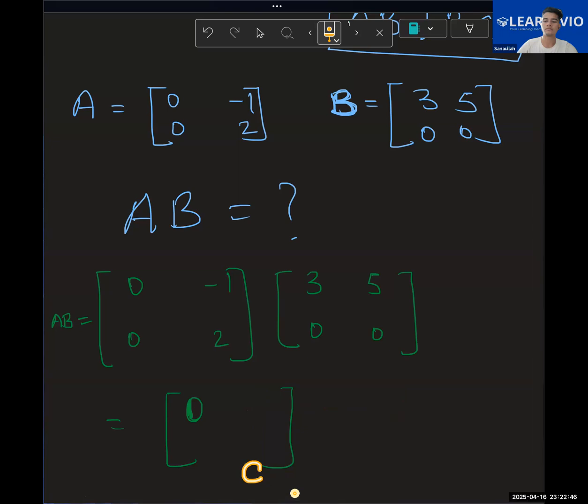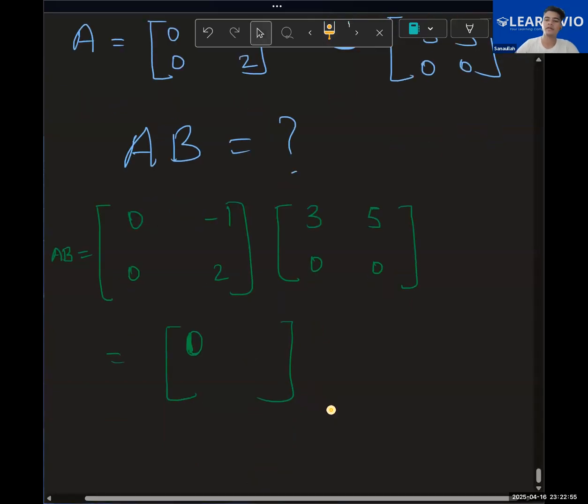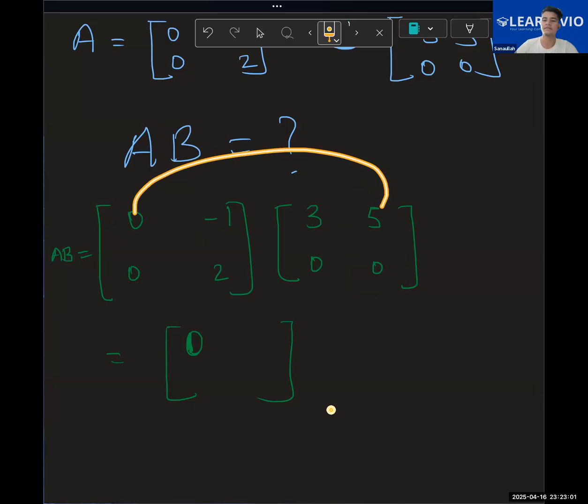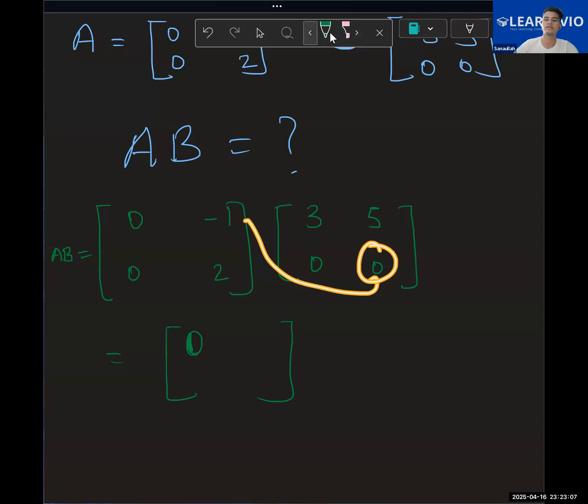Yes, sir. This is column 2, row 1. So I need the first row and column 2. See, 0 times 5, 0. Minus 1 times this 0, 0. 0 plus 0 is 0, again 0.